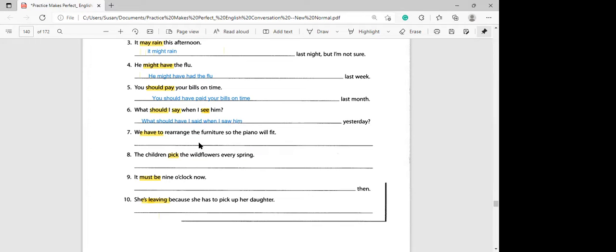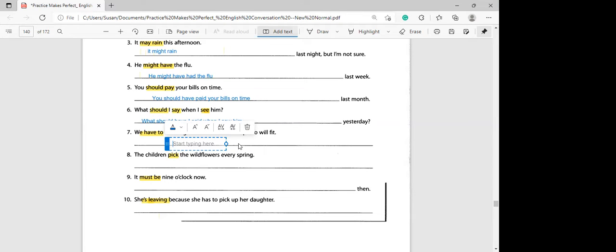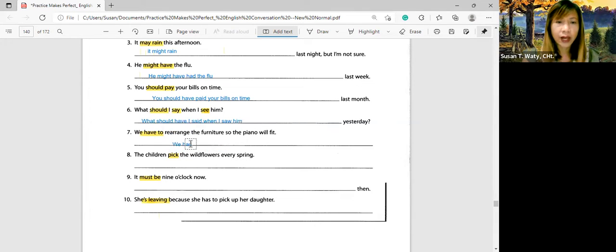We had to rearrange the furniture so the piano would fit. Your answer is good. The word have to in past tense turns into had to.